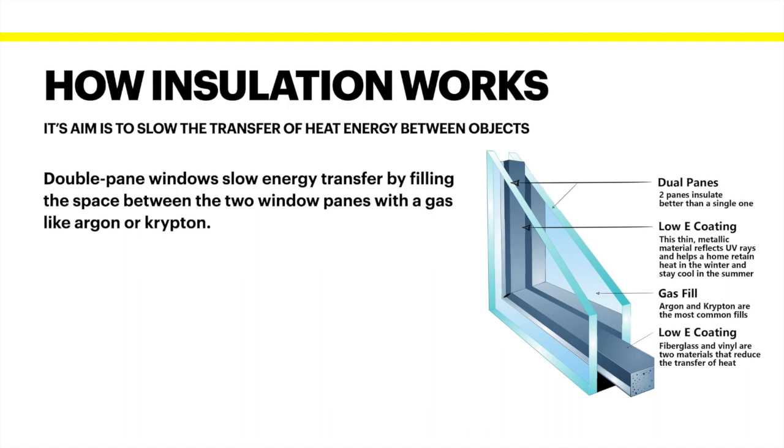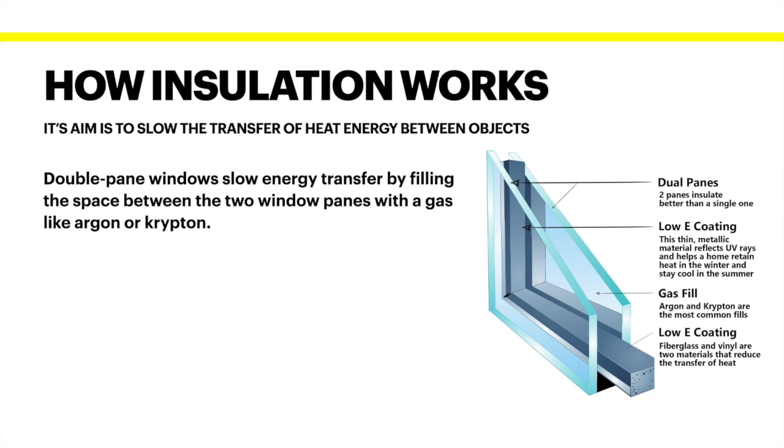But anyway, what I was saying is that common gases between those two panes of glass are argon and krypton, okay? And so you can see a picture over here of what a window would look like if you were to cut through it. You would see your two panes of glass. A lot of times there's a coating on it, and it helps reflect back sunlight.